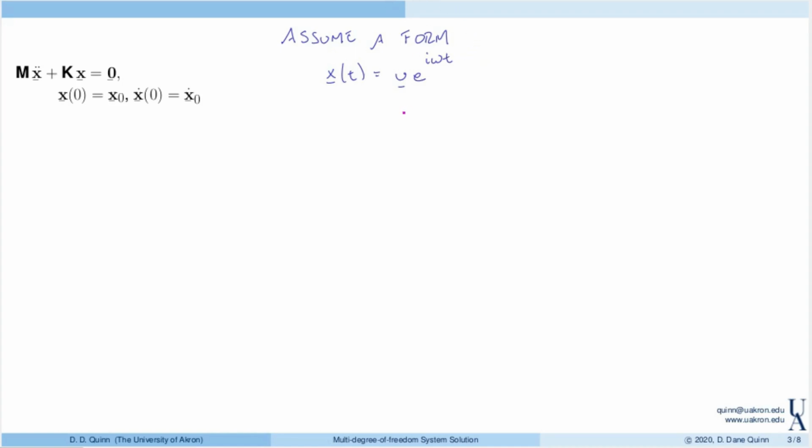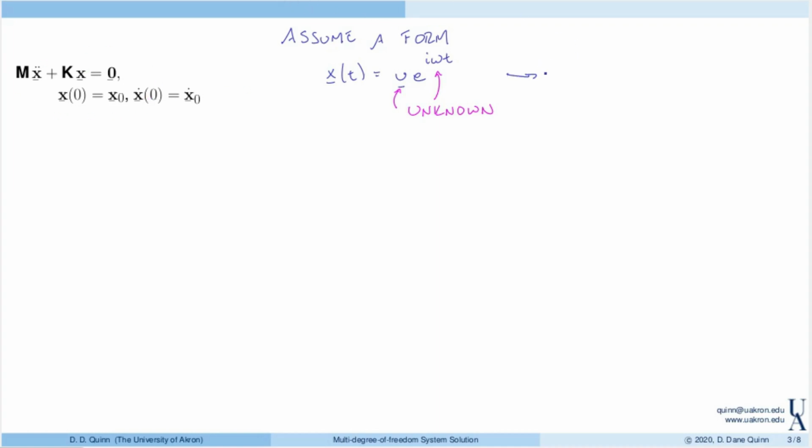So here u is a vector and omega is essentially a frequency, but these quantities are unknown. Effectively, they're arbitrary, which means that we can choose them however we want to. So what we'd like to do is see if we can choose u and omega so that this functional form satisfies this equation of motion.